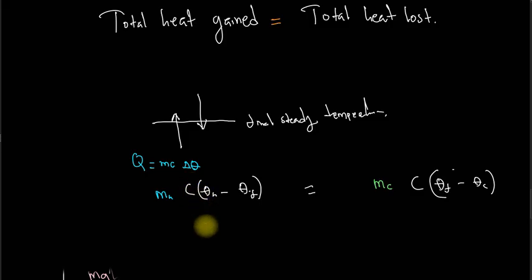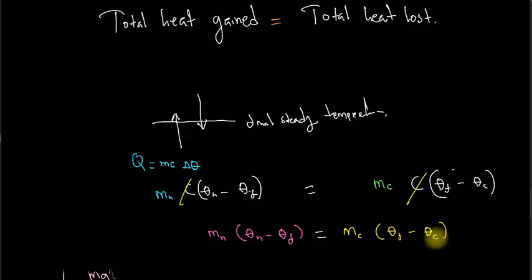Since the liquids are the same, we can cancel out the specific heat capacity, and the main formula will now be m hot times theta hot minus final temperature equals mass of cold water times bracket theta final temperature minus cold temperature.